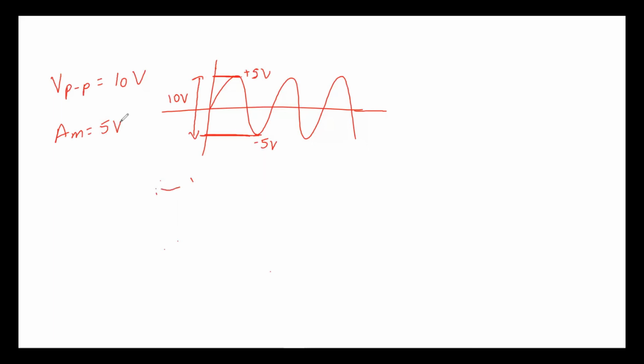Next, band limited to 20 kilohertz. It means that fm is 20 kilohertz. Okay, it's transmitted using PCM. Number of quantization levels given as 256.